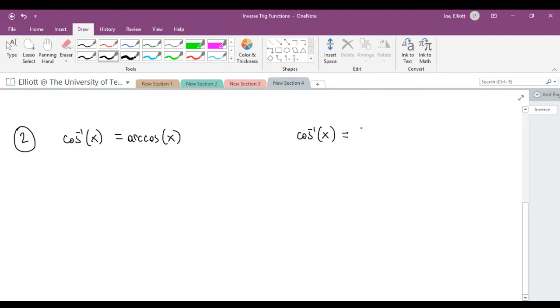Arccosine returns an angle theta. The angle theta that it returns is the angle for which cosine of theta will equal x, whatever you input. And there's also a restriction on the angle that arccosine outputs. This is just a convention that people decided to follow, which is that the angle theta that it outputs will be between 0 and pi for arccosine.